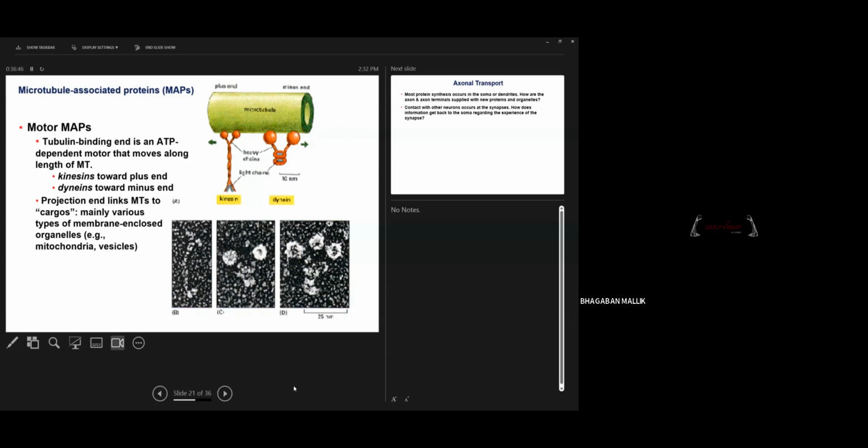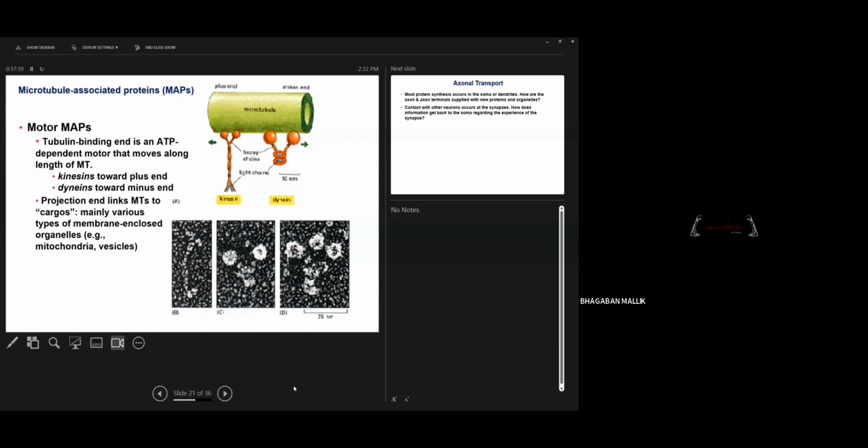Kinesin protein takes cargo from the cell body to the axon terminal, the anterograde transport. And dynein protein takes cargo from the axon terminal to the cell body, retrograde transport. So kinesin moves towards the plus end, meaning towards the axon terminal, and dynein towards the minus end, that means towards the cell body.